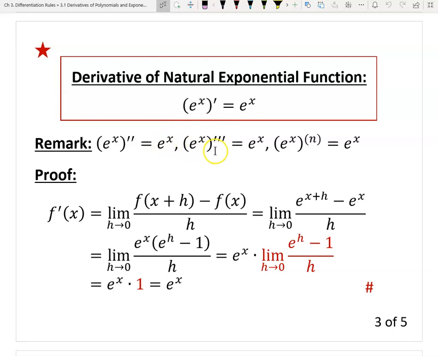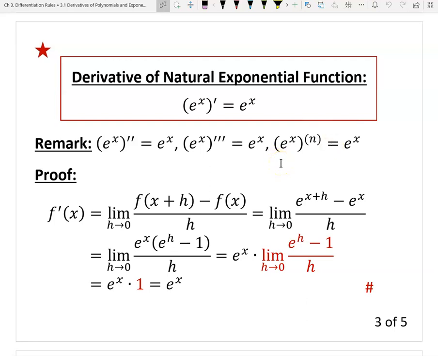The third derivative is itself, the fourth, any nth derivative, all equal itself. So strange, right? It's the only function that fits this property. This is a very, very good property.